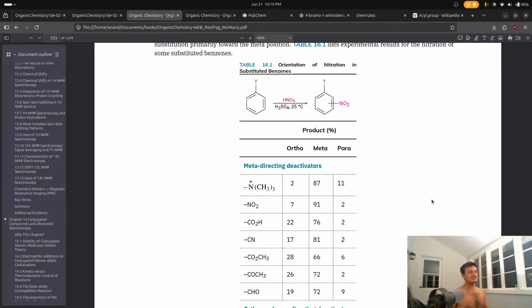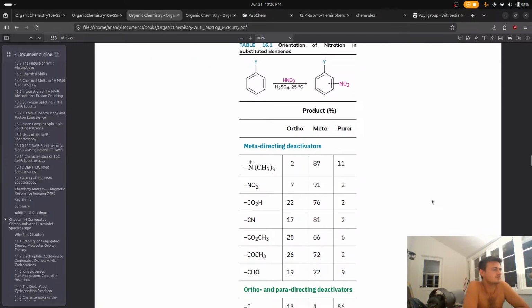See, this is what I'm saying, you just do all these reactions and you're like, why the hell is it the way it is? It's so weird. Trimethylamine.